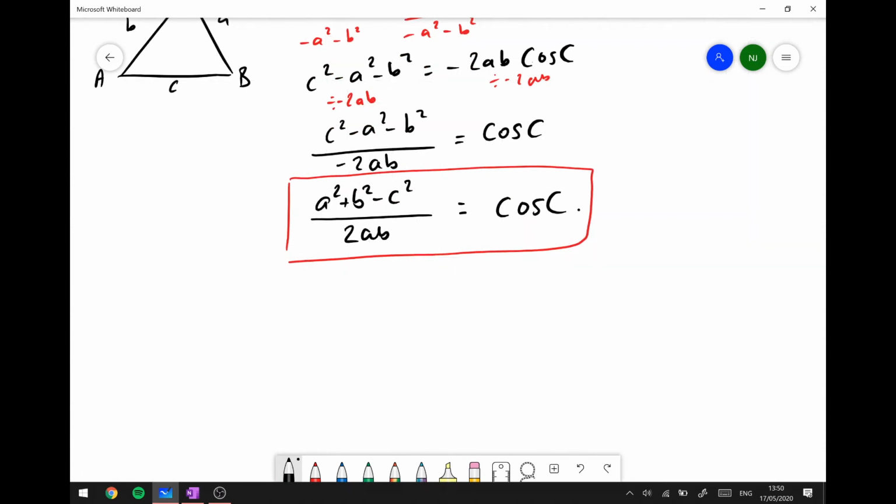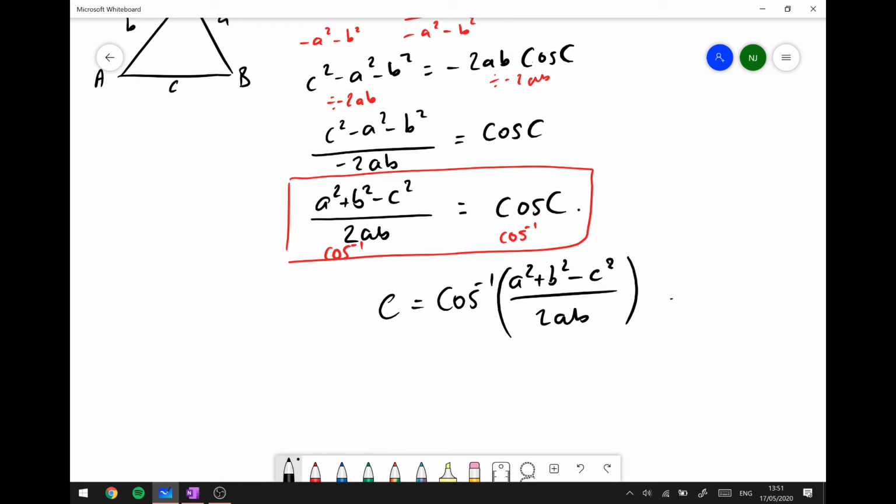To remove the cos from that side, we're going to do the inverse on both sides, okay? So that leaves us with c on the one side, and if I swap the sides around, c equals cos to the minus 1 of a squared plus b squared minus c squared over 2ab. Okay, and then make sure to change it to degrees.